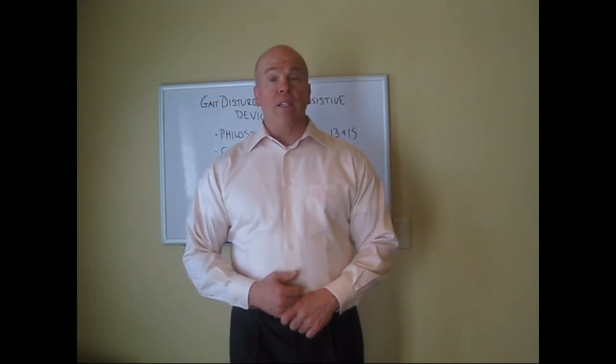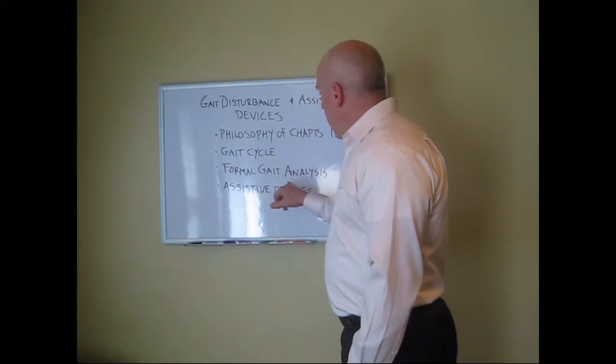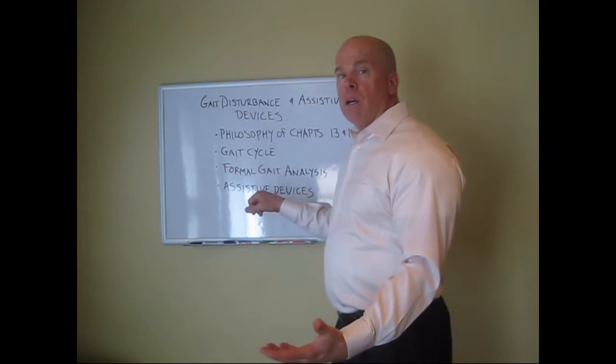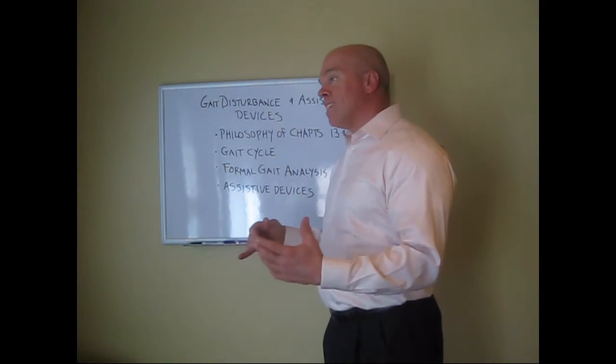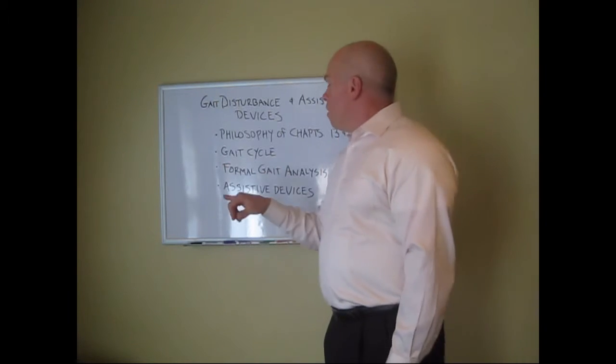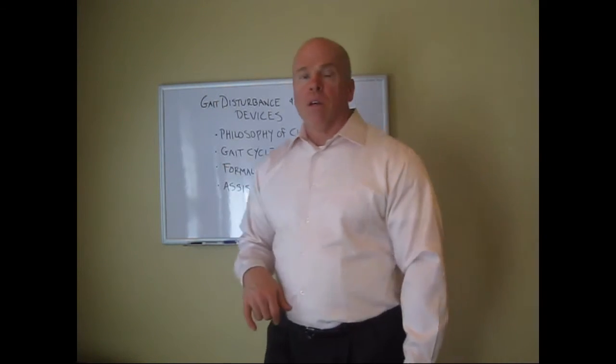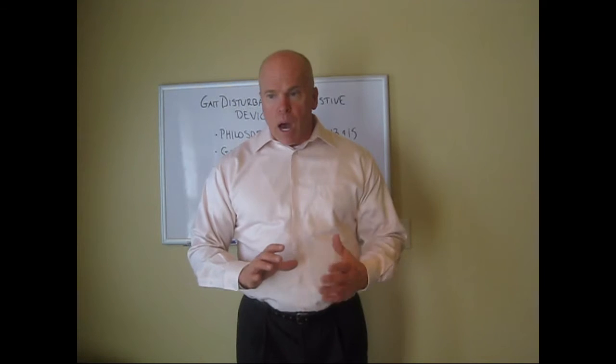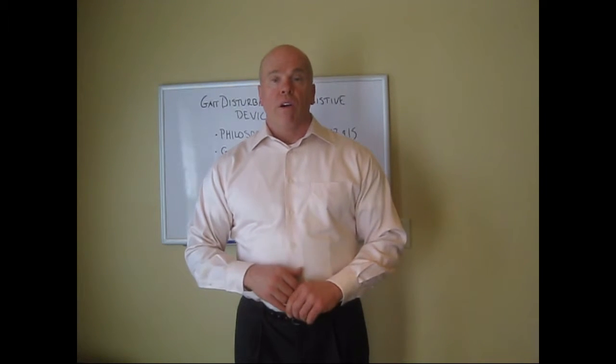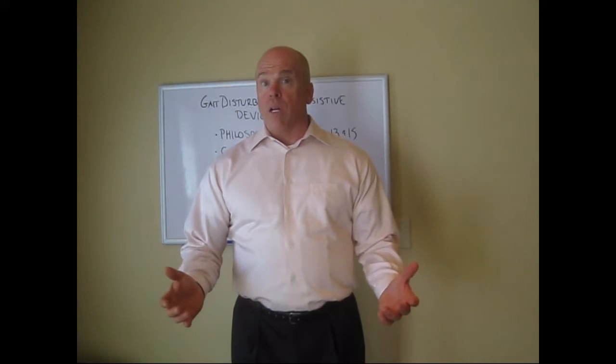And we'll go into great detail as to exactly how to perform a gait analysis and how exactly to provide for permanent impairment by citing the positive objective findings associated with derangement of gait.